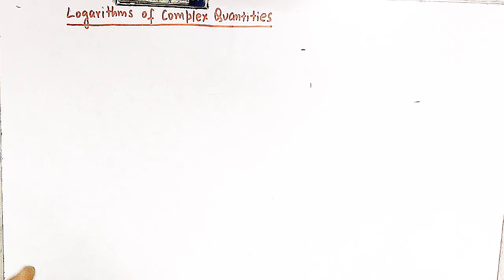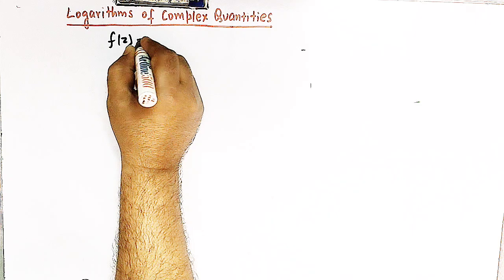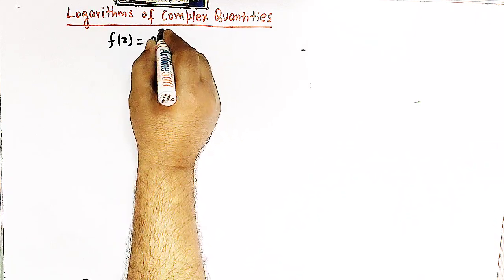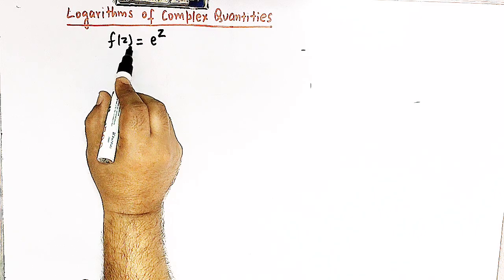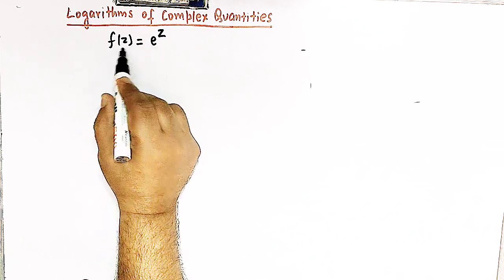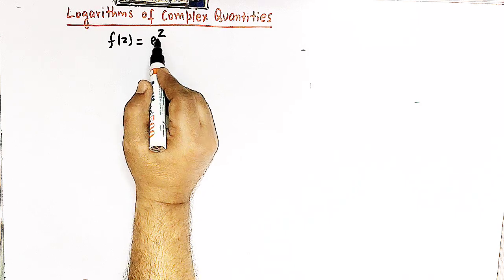In order to discuss the concept of logarithms of complex quantities, let us start with the function f of z equal to e raised to z. This is the exponential function, and here z is a complex number.